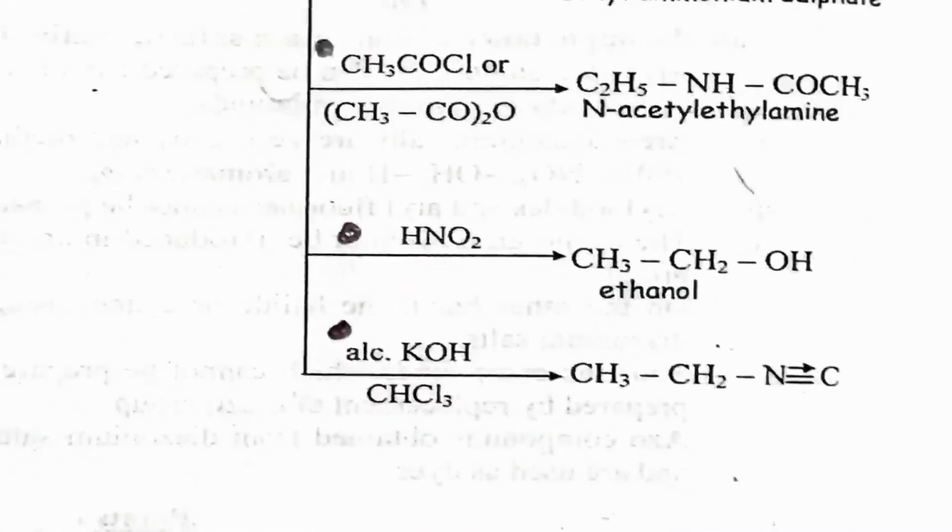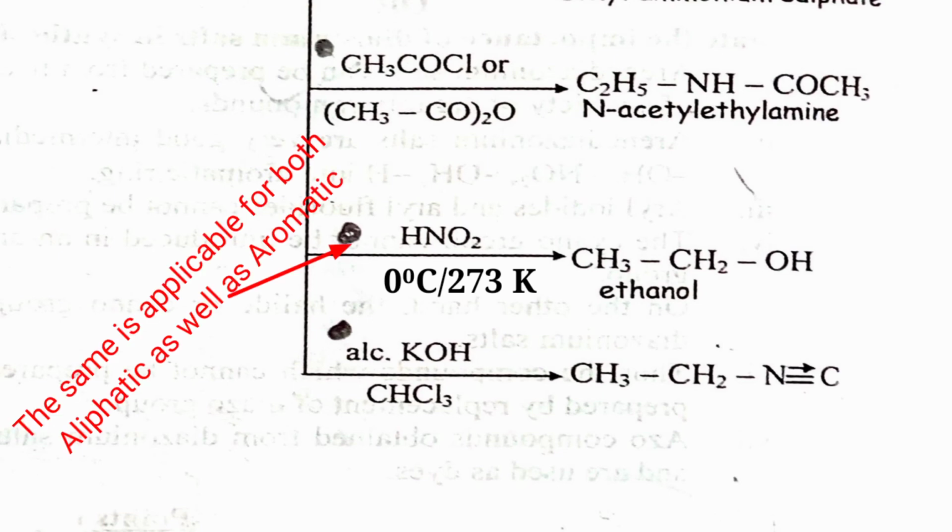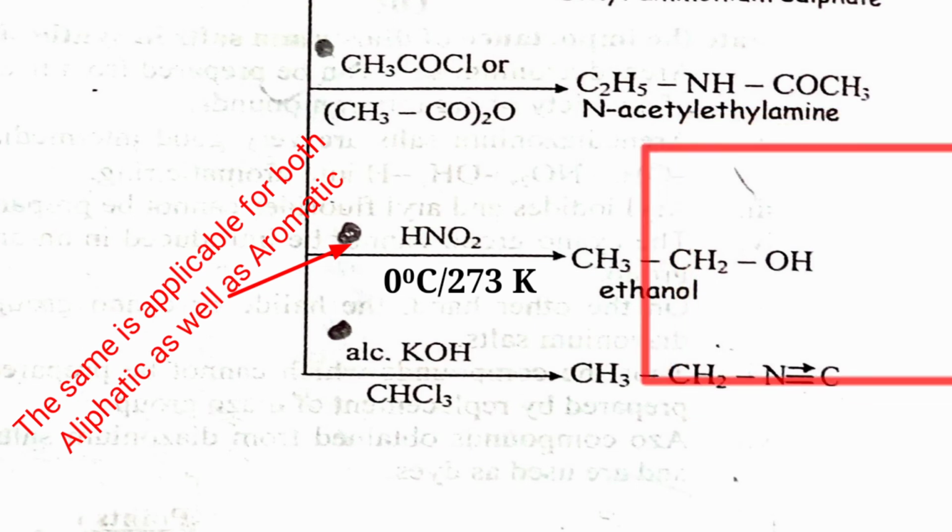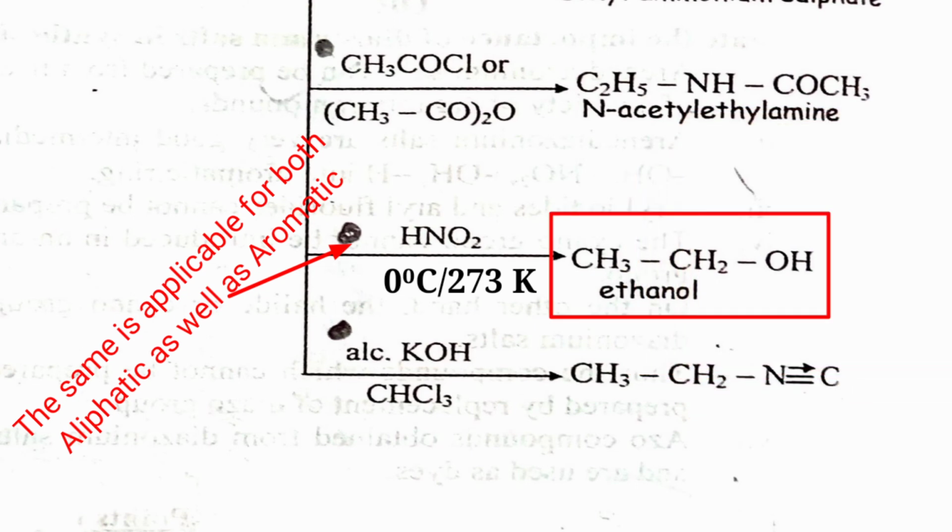Next you see alkyl amine reacting with nitrous acid, and the product coming is ethanol. In between, a diazonium salt is also produced.